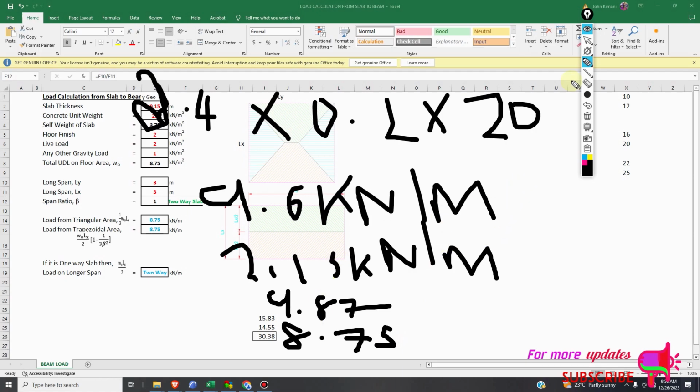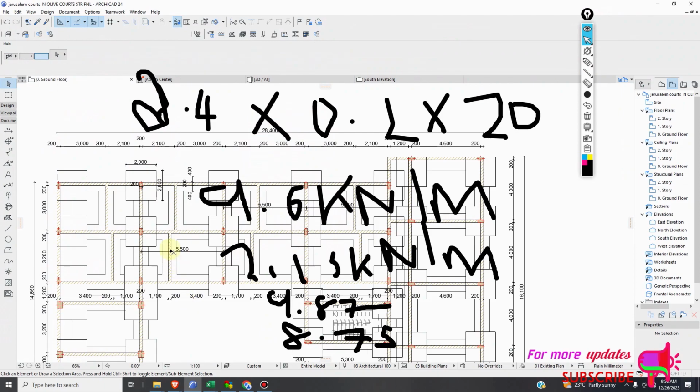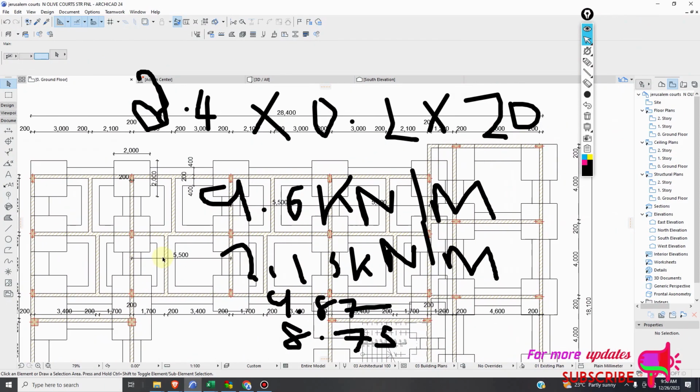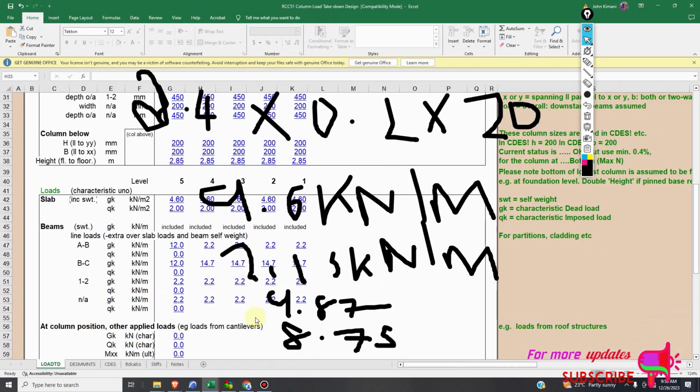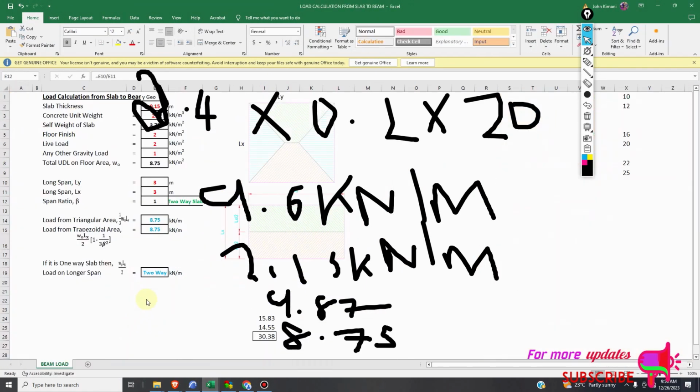We have another two slabs on the opposite side. Let's see. This slab one way, 3 and 2.1. So this one will be 3 and 2.1. That is Lx. Yeah, it is a two-way slab. That is another extra load of, so I'm going to grab this one.